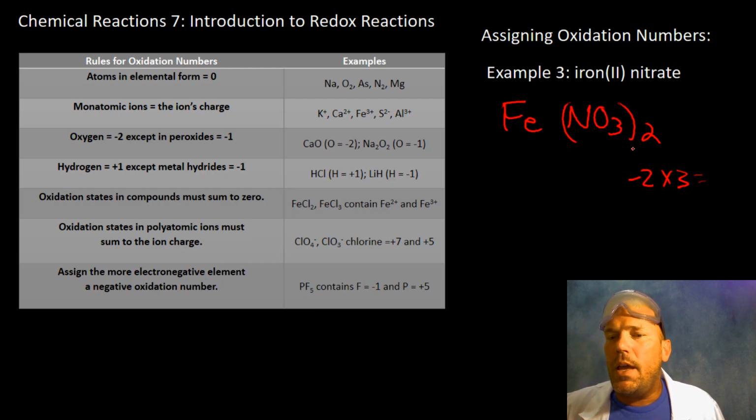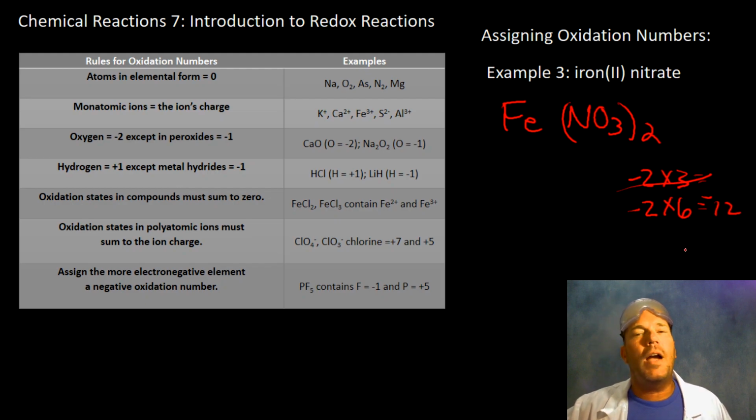So I have 3 oxygen per nitrate, but I have 2 nitrates. So I actually have -2 times 6, which gives me a -12 for oxygen. Again, let me show you where that came from. 3 times -2, that's where the -6 comes from.